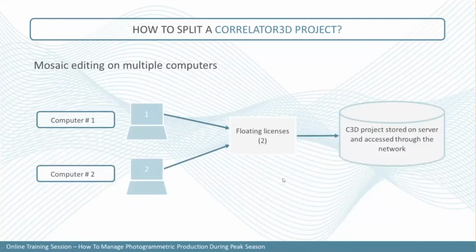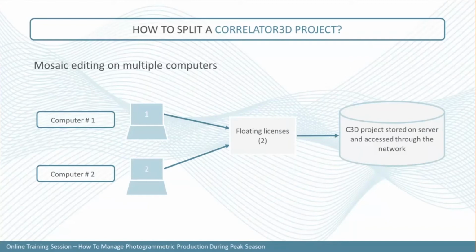Another option, if you want faster processing for the seamline editing, if you have access to a floating license and you're processing a large project: sometimes during the seamline editing you're going to see multiple blue blocks, which means that when a block is selected, you can do the editing only on that part.